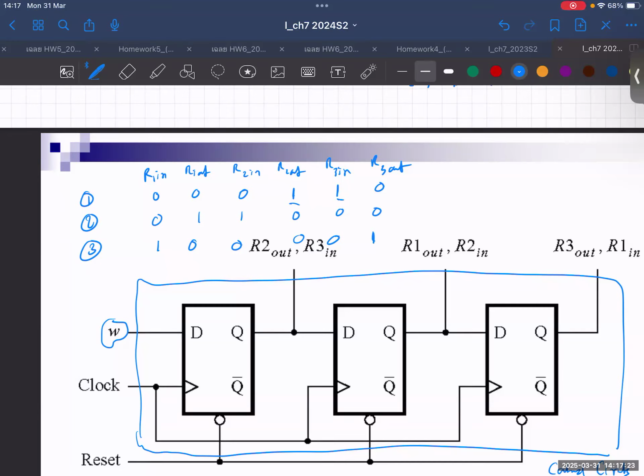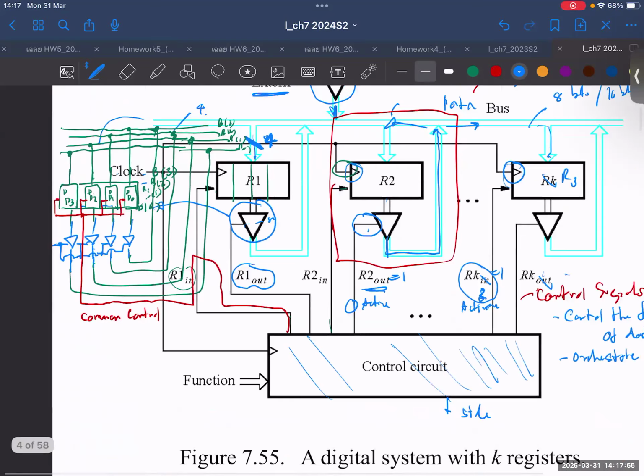So if you don't do anything, W will be equal to 0 initially. Okay, but when you signal that, oh, I want to swap, then W will become 1. Okay, and once it becomes 1, and then the clock cycles come in, as you can see, after the first clock cycle, this will become 1 and 1, right? Because this goes to 2 signals, it splits into 2 signals.